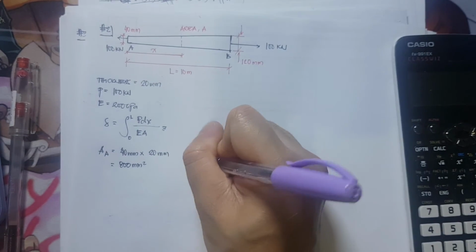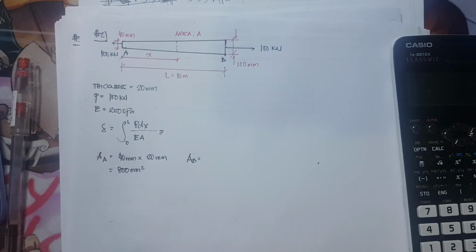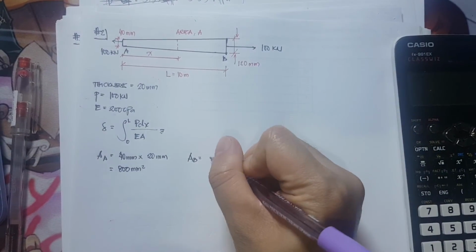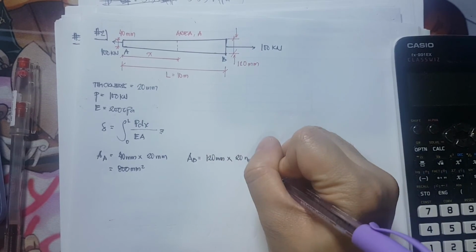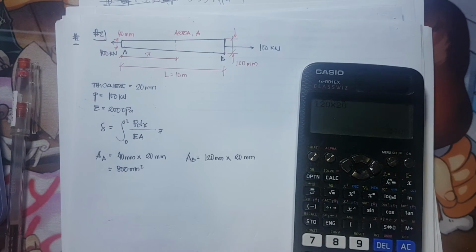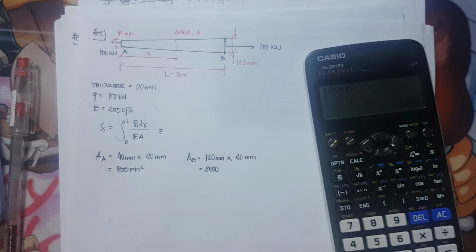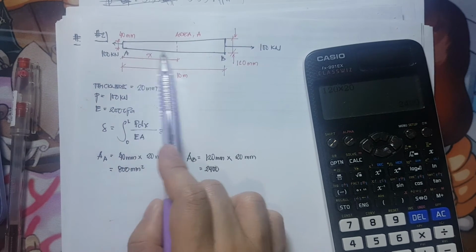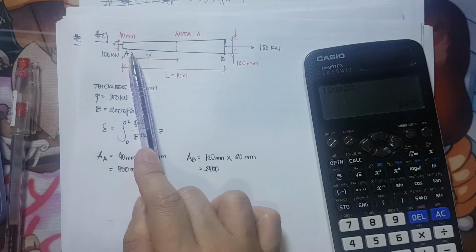Now we have the area at B. The area at B is the width of 120 mm times the thickness of 20 mm, which is 2,400 mm squared. In between A and B, take note that the cross-sectional area is a linear function.